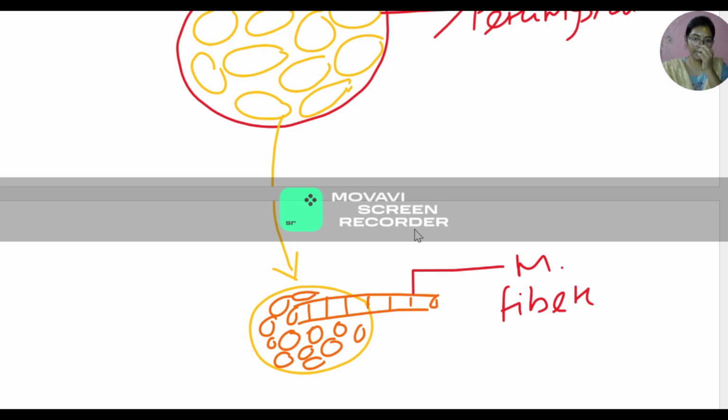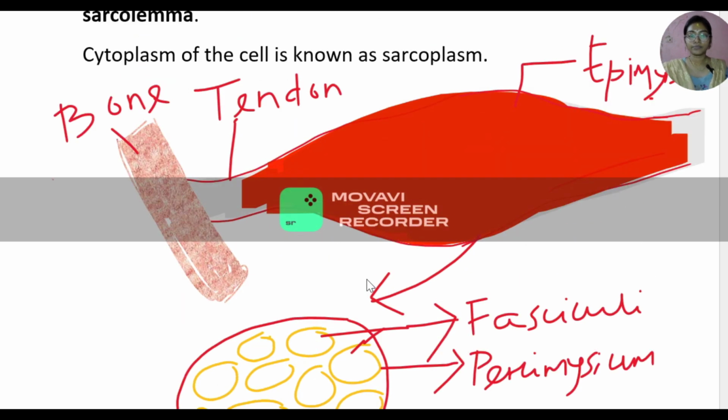Then if we dissect a single fasciculus, many muscle fibers are there. A bunch of muscle fibers forms a single fasciculus. This is a single muscle fiber, and together they form a fasciculus.